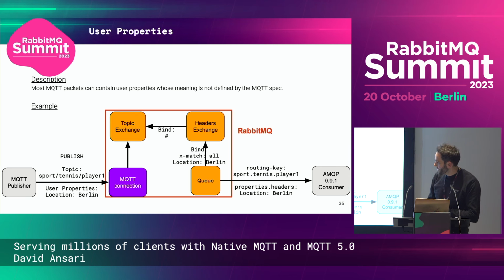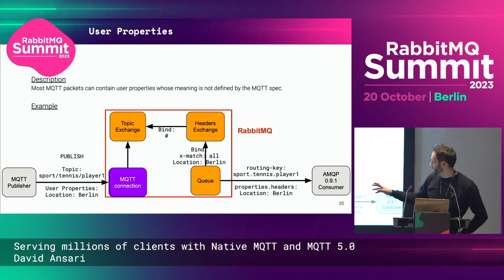For example, the publish packet can have user properties, and we translate them to AMQP 0-9-1 basic message headers if the consumer is an AMQP 0-9-1 subscriber. This example is a bit more complicated on purpose, it should just show you what's possible with RabbitMQ. So you can suddenly not only route messages based on topics, but also on headers or on MQTT user properties.